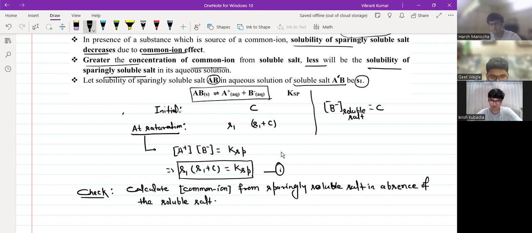Okay, now if that concentration of common ion from sparingly soluble salt in absence is coming some number, let that be coming C naught.